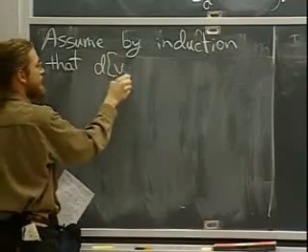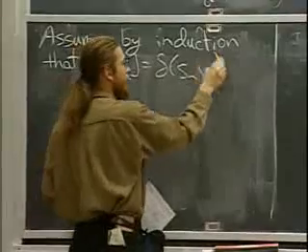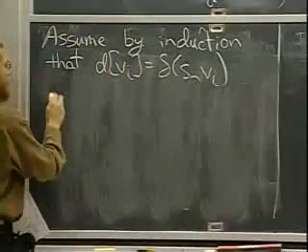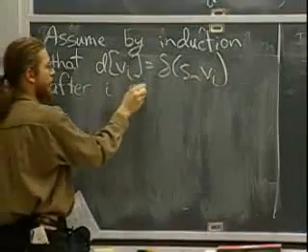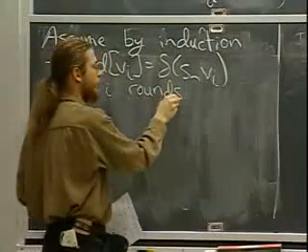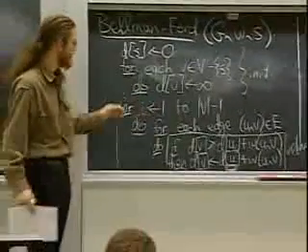Let's say that d of vi is equal to delta of s, vi after i rounds of the algorithm. So this is actually referring to the i that is in the algorithm here. These are rounds.